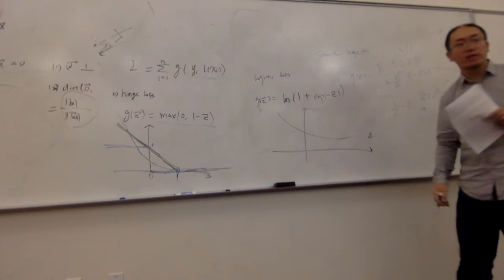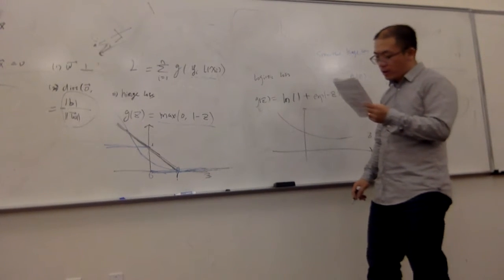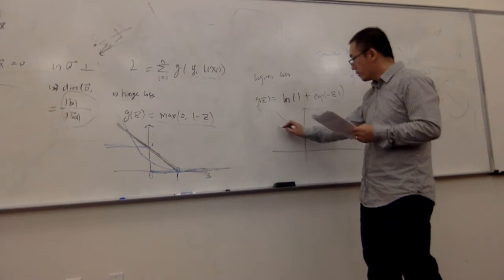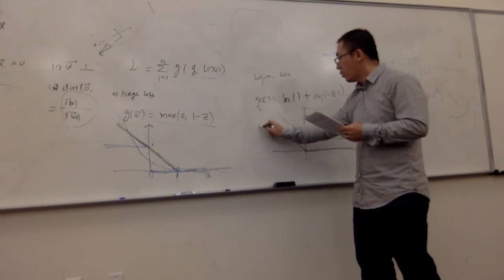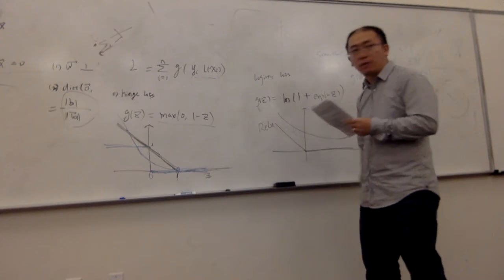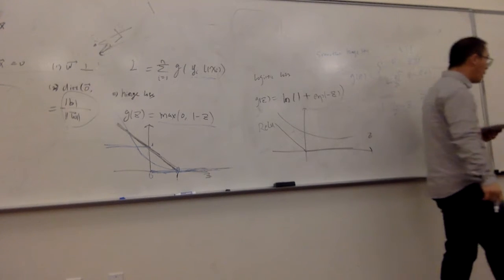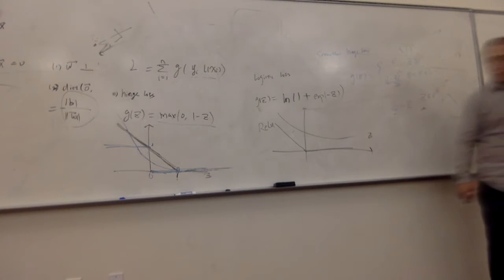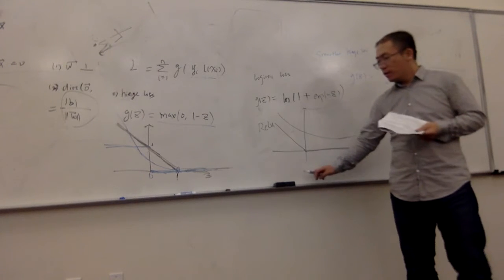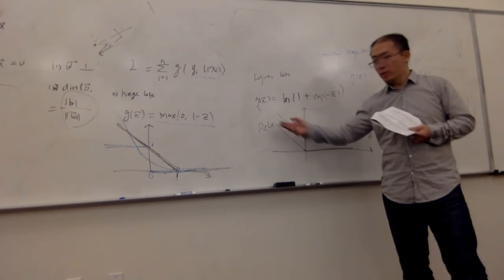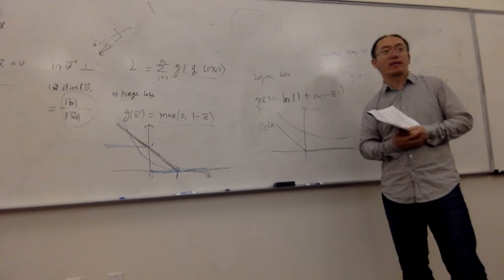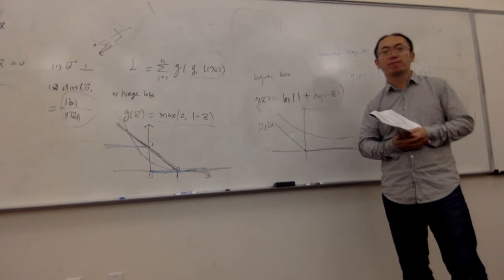But it has a strong connection with a function called rectified linear, ReLU. If any of you have taken a deep learning class or tried to play with deep neural nets, ReLU is very commonly used to construct the activation functions. It's very popular.